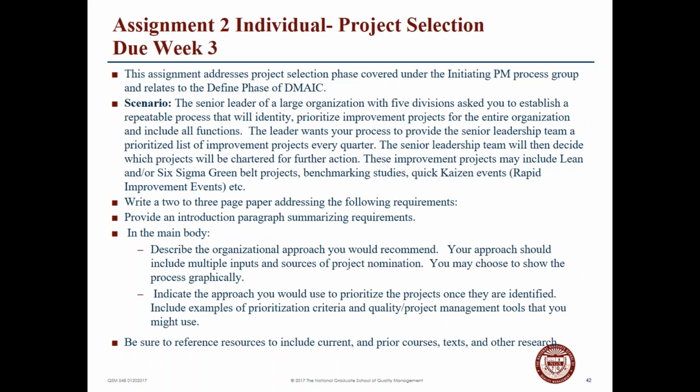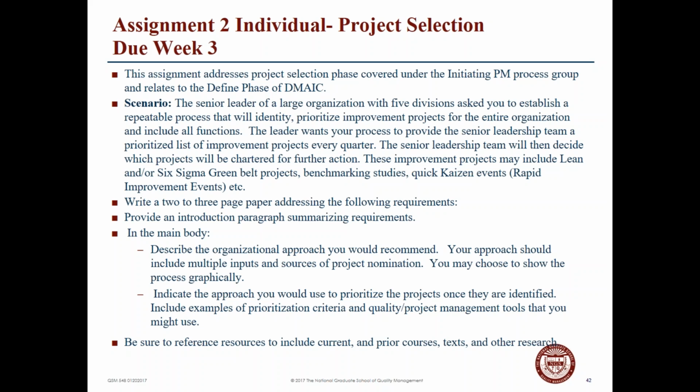And again, just to review assignment 2, this assignment is looking at the selection phase of the project. So the scenario is a senior leader of a large organization with 5 divisions asked you to establish a repeatable process that will identify, prioritize improvement projects for the entire organization and include all functions.